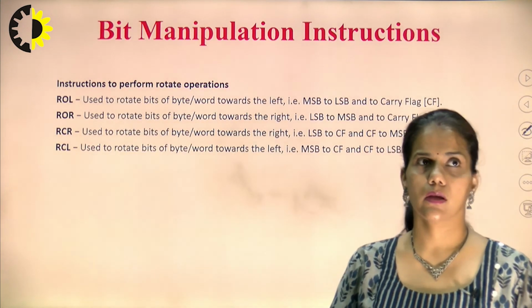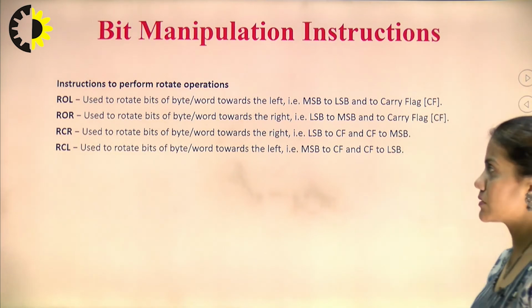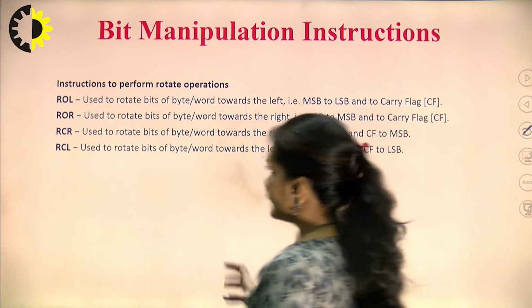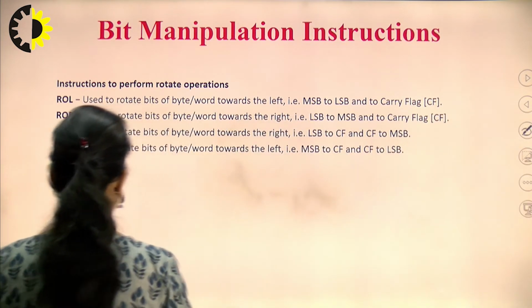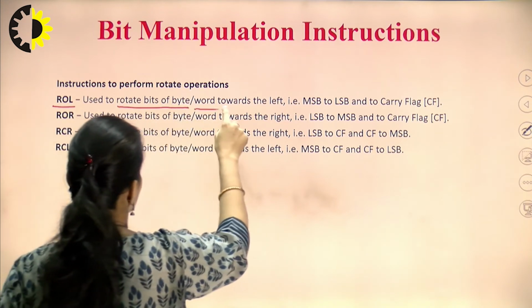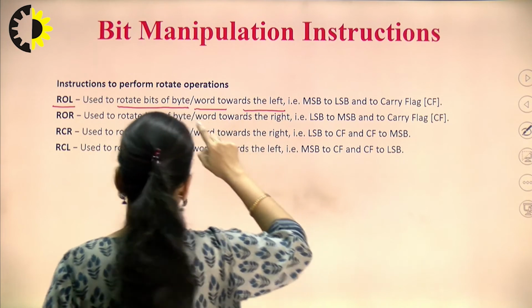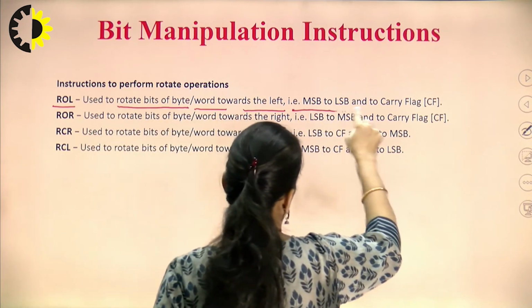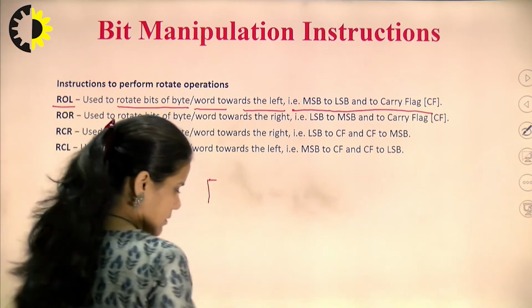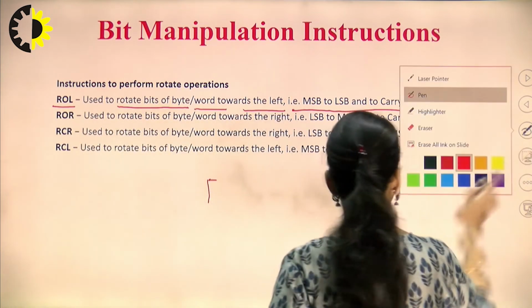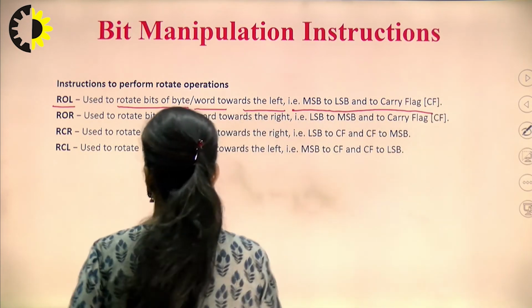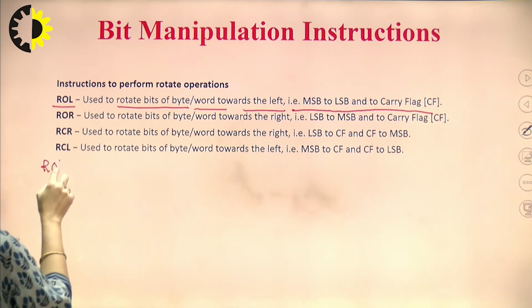Now the next category of instructions is to perform the rotate operations. There are 4 types of instructions in this category. First is ROL, which is used to rotate the bits of the byte or the word towards the left, and into the carry flag. So what is happening here? Let's check out all these options. First of all, I am showing you ROL.